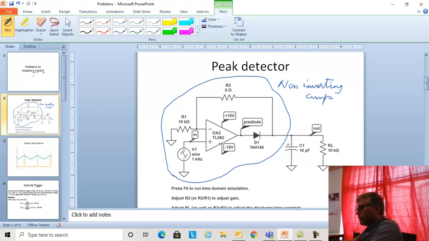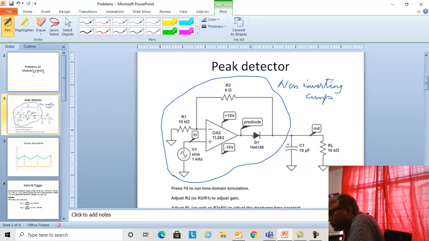So whatever you are giving it, I'm considering my diode is on. Considering the diode is on, I'm writing it as non-inverting. So when the diode is on, it is non-inverting.